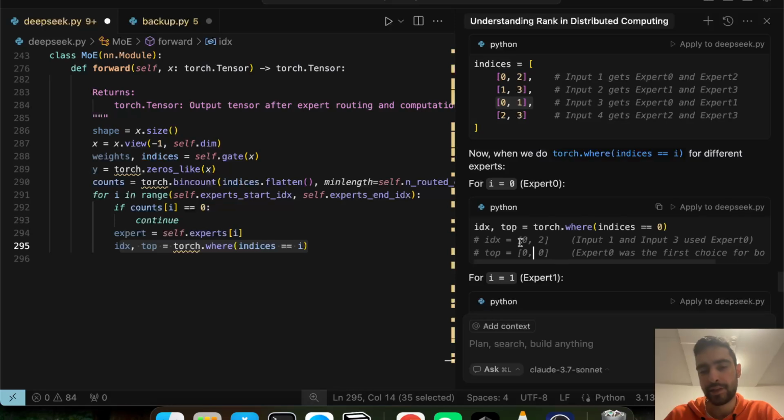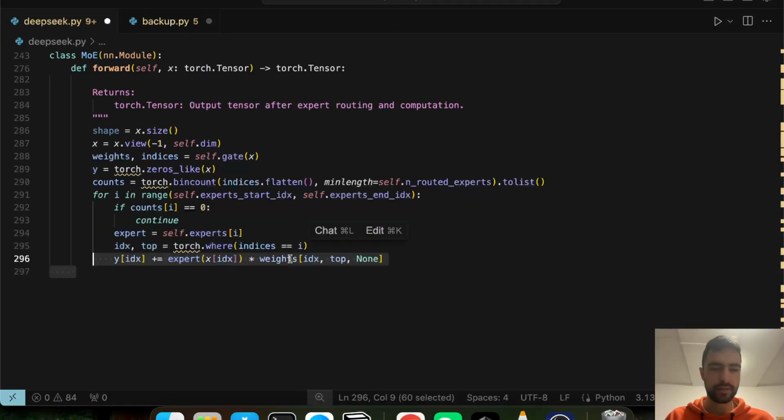So we get indices of these tokens for this expert, where this is expert 0. And we get 0, which means this expert was chosen to be the highest, the first expert. So 0 is the index of the first expert that's chosen, the highest affinity expert. And in both of these, it's chosen as the first expert.